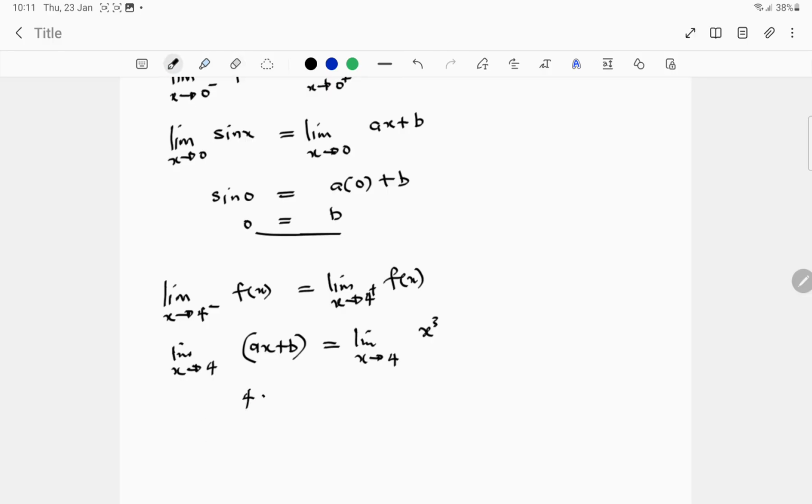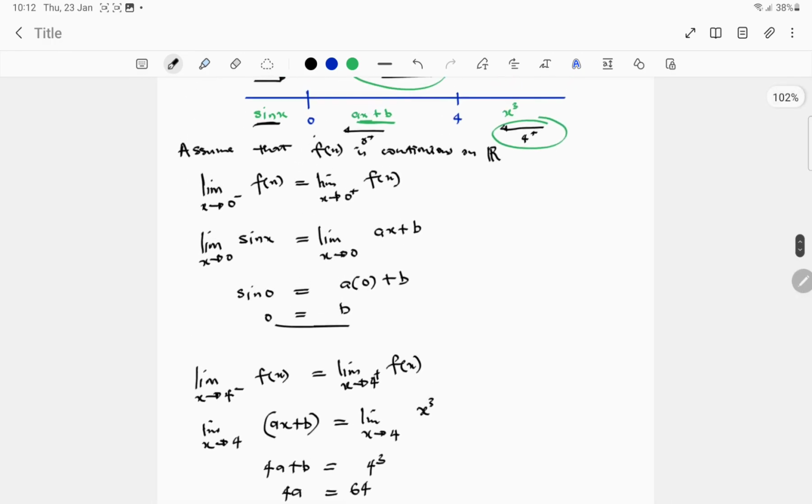You have 4a plus b is equal to 4 to the power of 3. We know that b is equal to 0, so 4a is equal to 64, which means a is equal to 16. So that's it for this question.